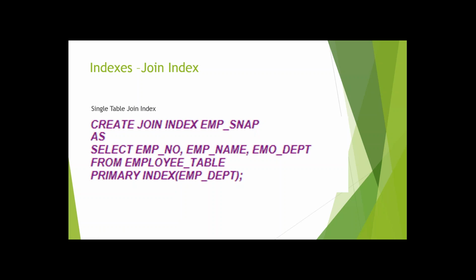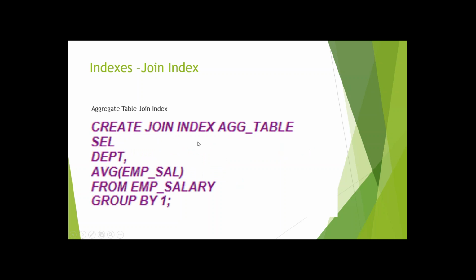What is an aggregated table join index? Now, if you use an aggregation like average, max, sum, count, and create a join index, then it's called as aggregation table join index.